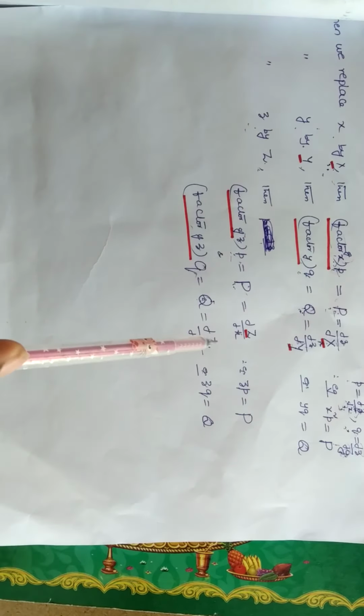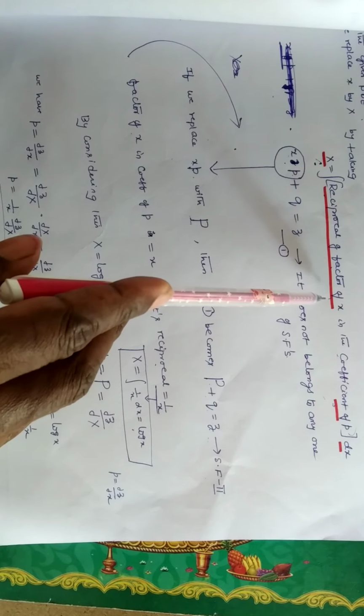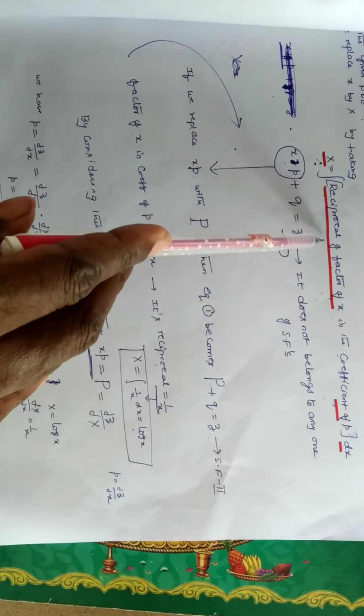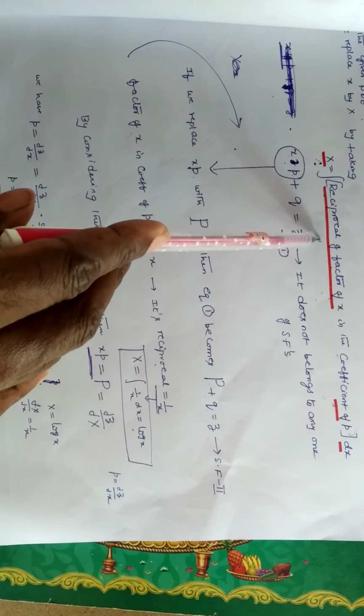We clearly look into the following examples. First we discuss capital X. How do we take capital X? The formula for capital X is the integral of the reciprocal of the factor of x in the quotient of P. That means from the quotient of P we take only the x factor and its reciprocal is taken as the integrand.